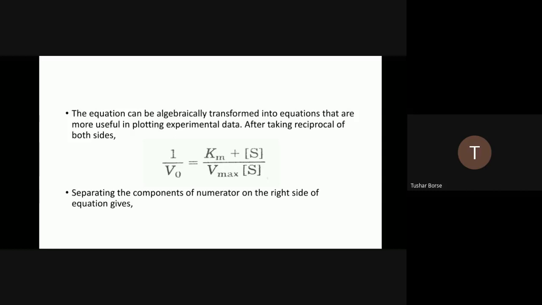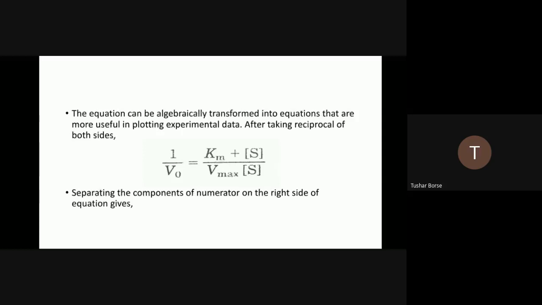It's not a huge transformation. We are just going to use simple mathematical operations and derive one new equation. Our equation can be algebraically transformed into equations that are more useful in plotting experimental data.